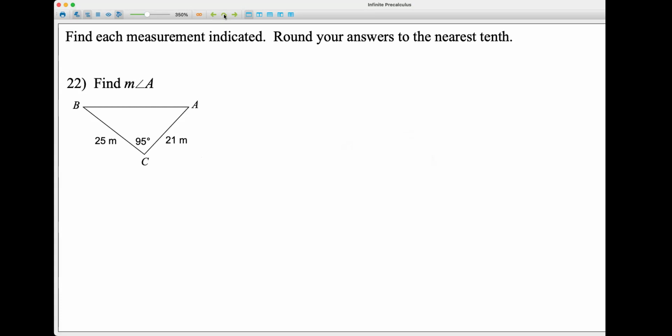What is it asking us to find? Angle A. Okay, so angle A with an SAS requires us to have side A and the other two sides. We don't have the other two sides. So this one, we got to do a little bit of messing around first. What's the other side?